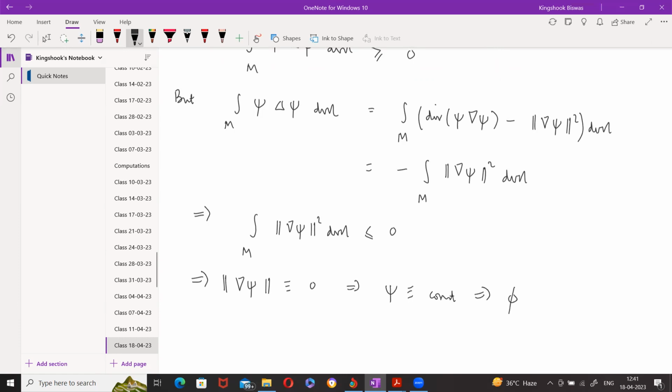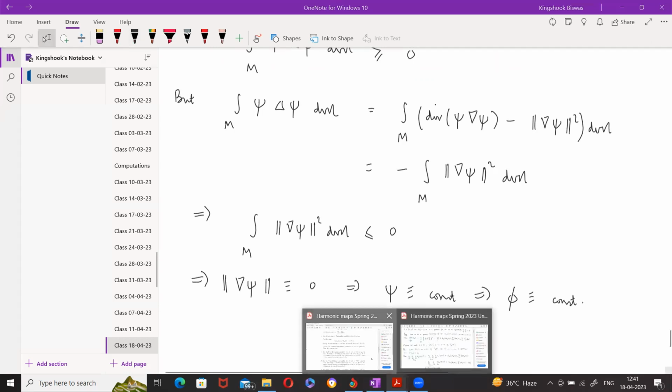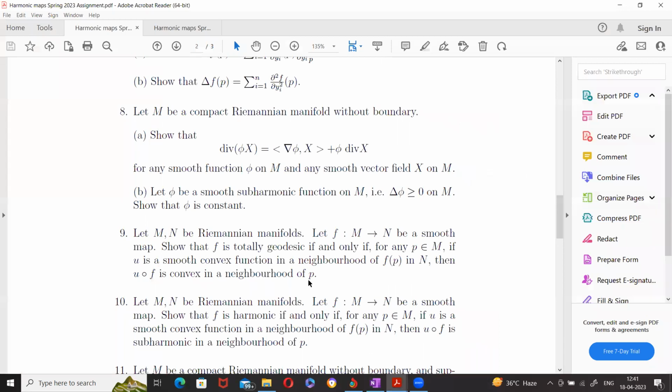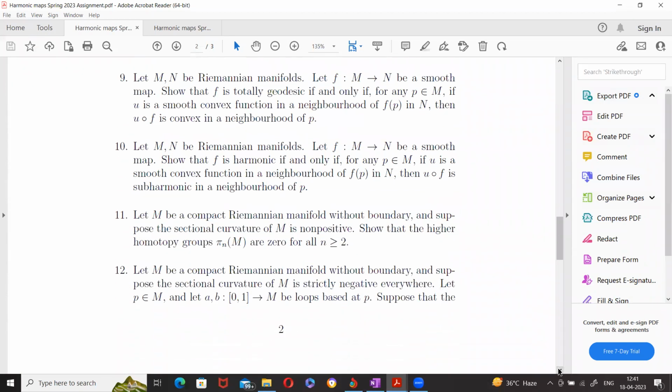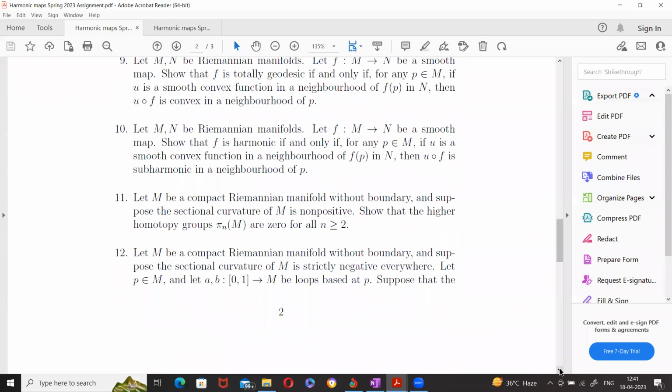So that's it. 9 and 10 are just from the class and the notes, so we don't have to do that. 11 we've also done in class. 12 we've also done in class.